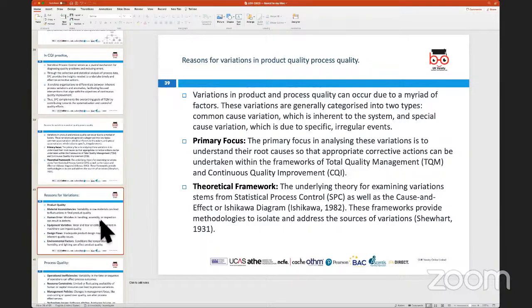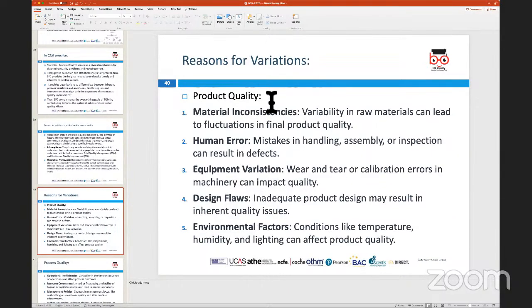in product quality. Now, reasons of product quality variations could be material inconsistencies, which is in terms of raw material being secured, human error. It could be equipment variation. For example, manufacturing facilities or plants in certain locations have taken certain machinery, and that machinery is producing the output slightly differently to what it is expected to be.